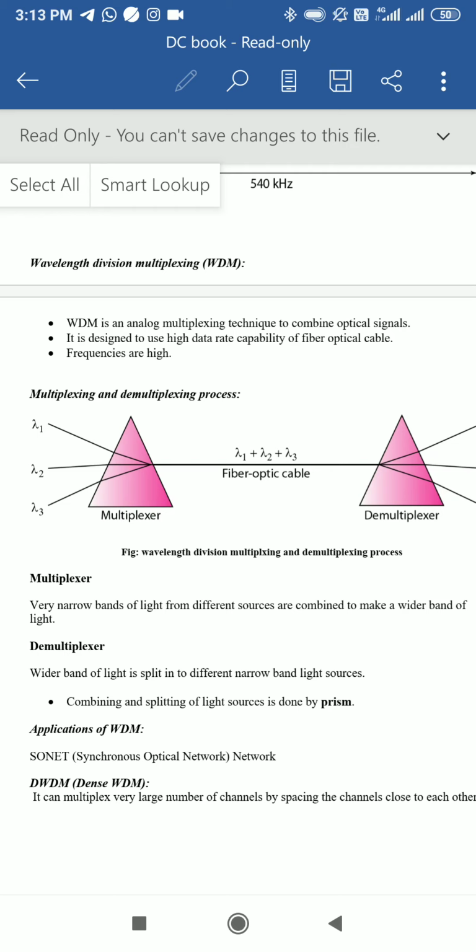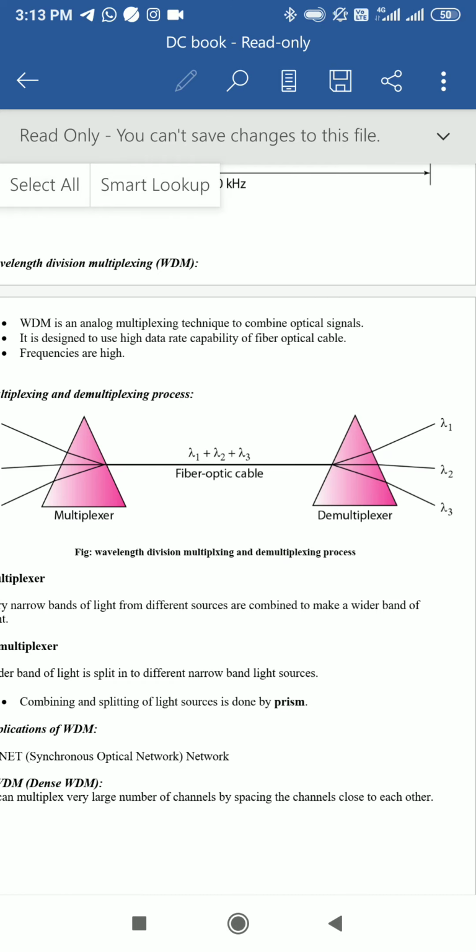From the optical fiber, it is input to the demultiplexer, where the separation of signals with different wavelengths takes place.